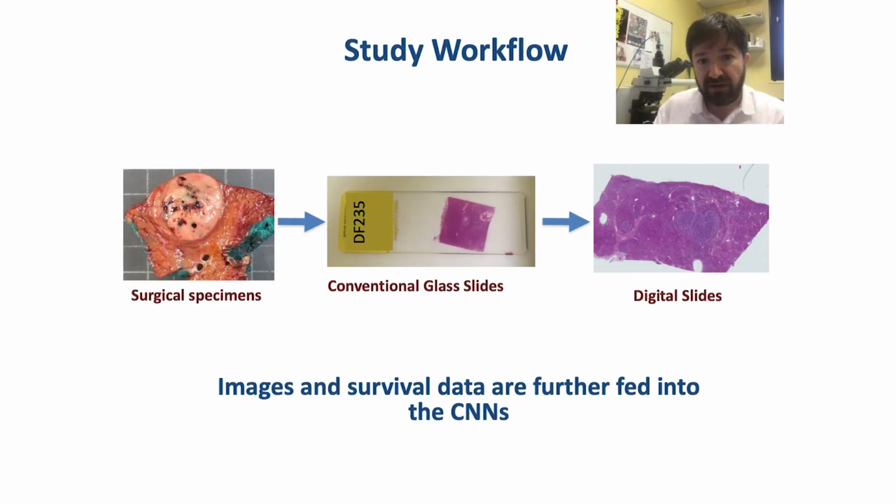And you have here an example of a study that we performed in liver cancer. We investigated patients who had hepatocellular carcinoma and who underwent resection. We digitized the glass slides of the cancers, and we processed these slides with this mathematical architecture to predict the prognosis of the cancer.